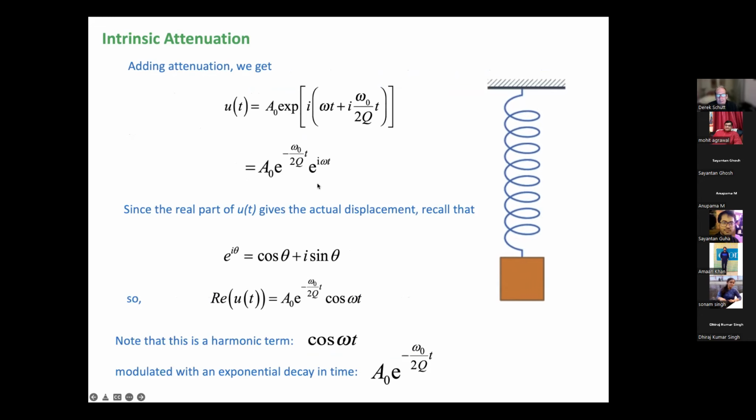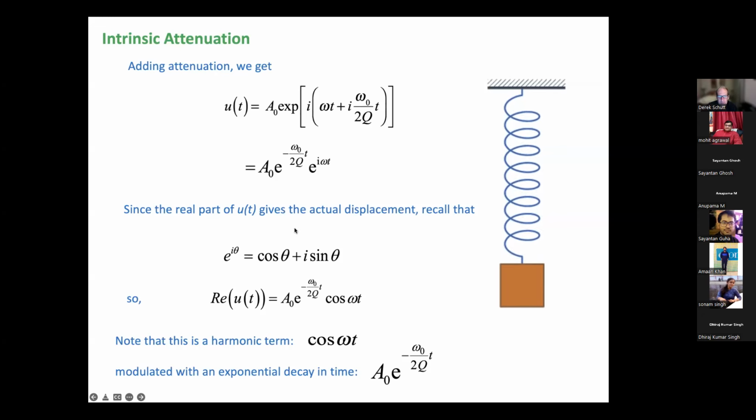Now, if we add attenuation, so energy is being lost to heat, then we also have a term here where we have i ω0 over 2Q. And that creates a situation where we have the sinusoidal wave here, e^(iωt), and then this damping term here.